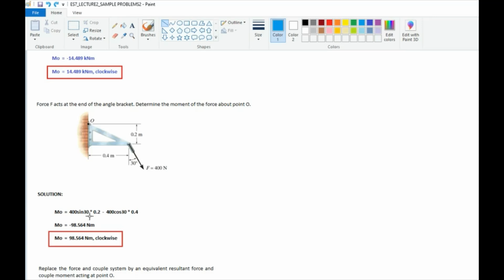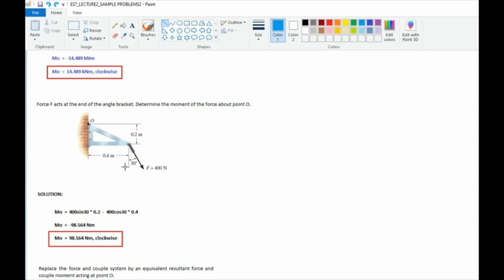And then the distance of X. So this is X, right? Its distance is 0.2. And X will cause a counterclockwise rotation about O, so positive. Next, the Y component of the 400 Newton force. It points downward, so the Y component is negative 400 cosine 30.